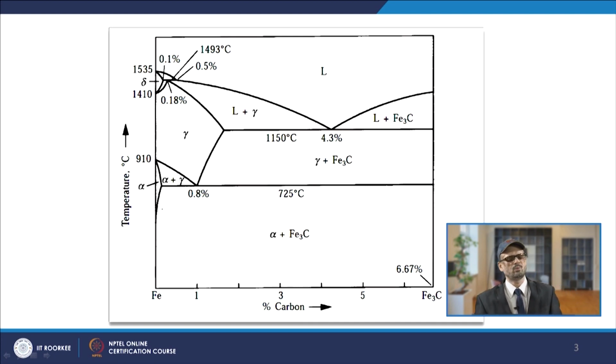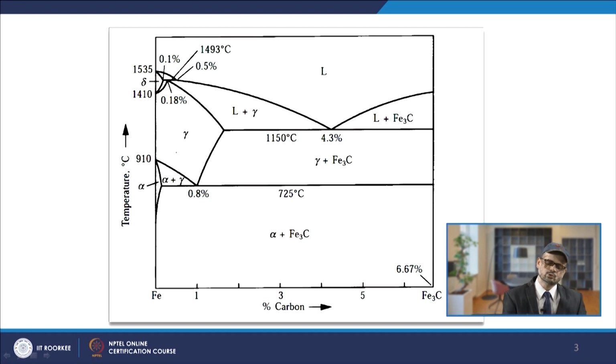Now, consider any composition. If it is of the eutectoid composition, then gamma will come up to this point, and after that there will be ferrite as well as cementite coming out. So, after transformation, you will get ferrite and cementite.